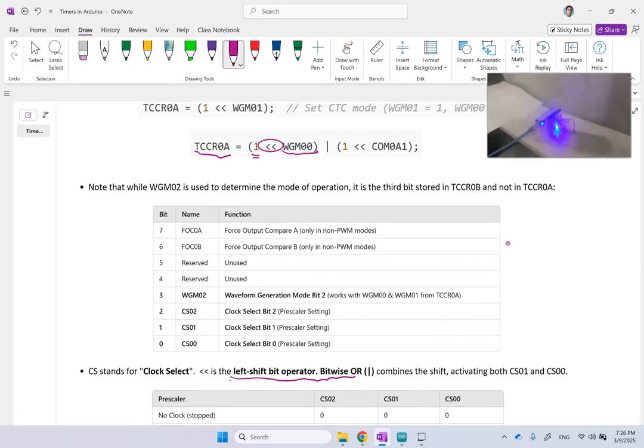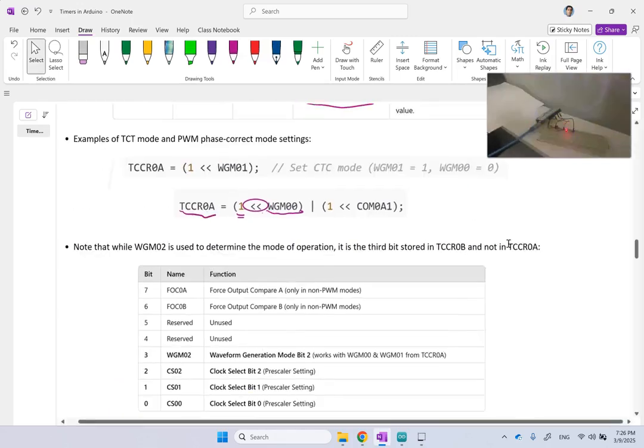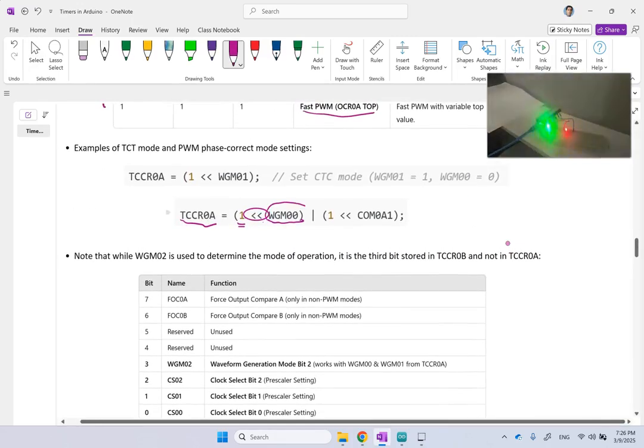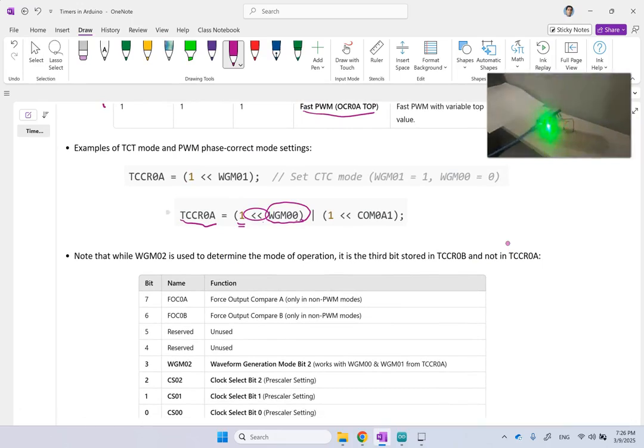So basically this operation is because you're not setting an entire variable. Remember, this WGM00 is not a variable. That's a single bit. So in order to set it, you cannot just say WGM00 equals 0 or 1 or anything. That's a bit.